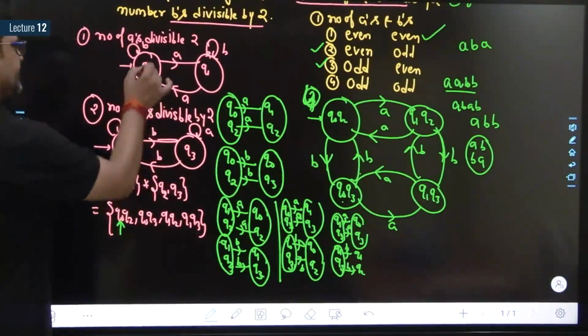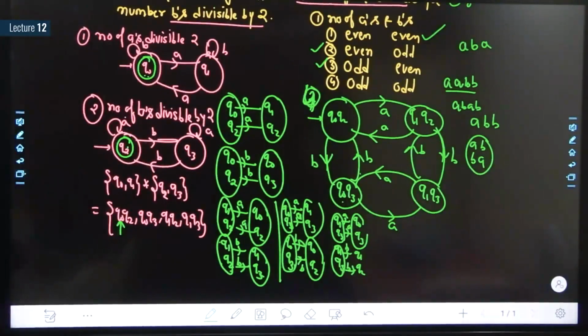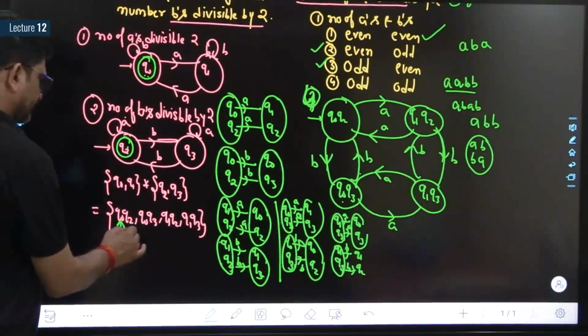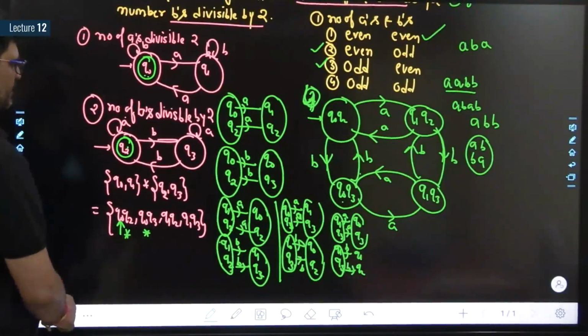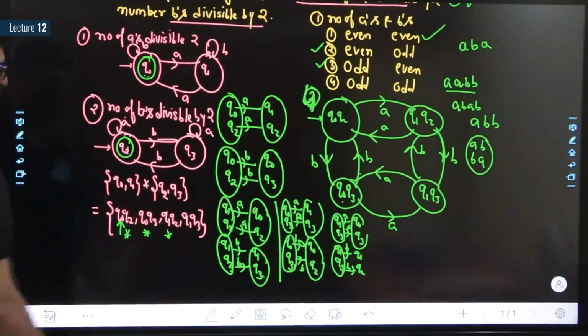Number of A's even and number of B's even is final. In case of OR, this is also final, and this one is also final. This is not final. 3 states are final.